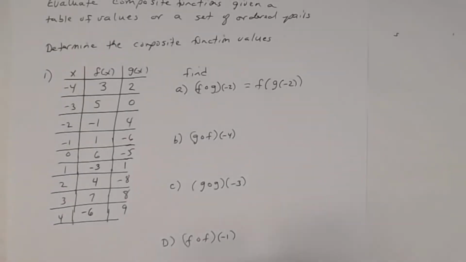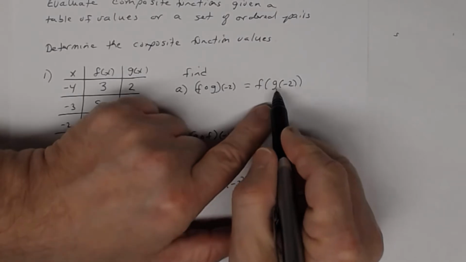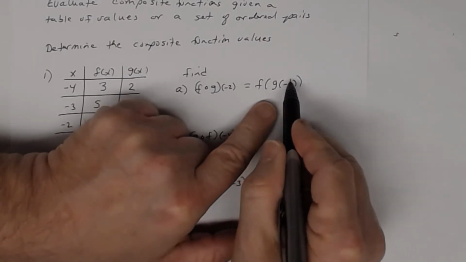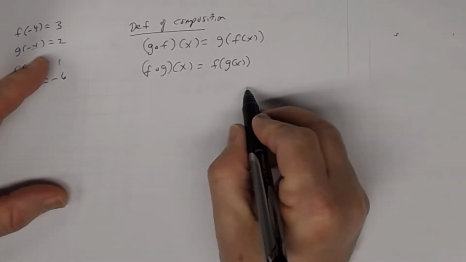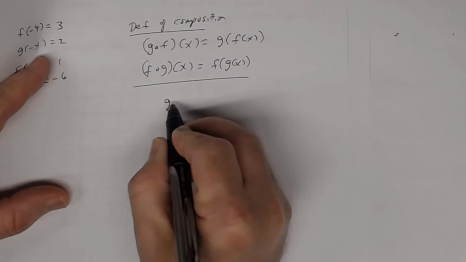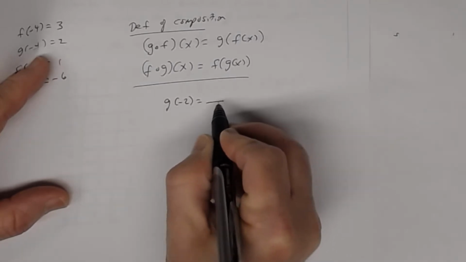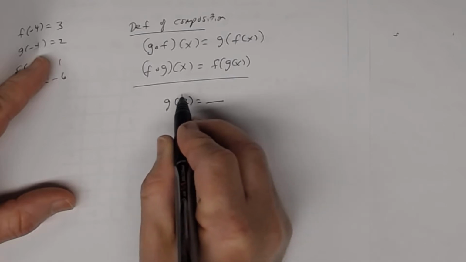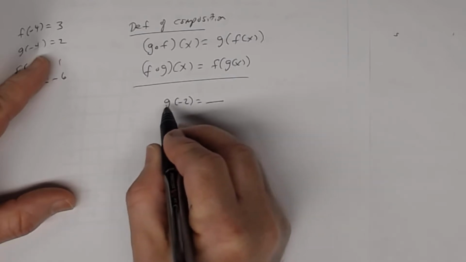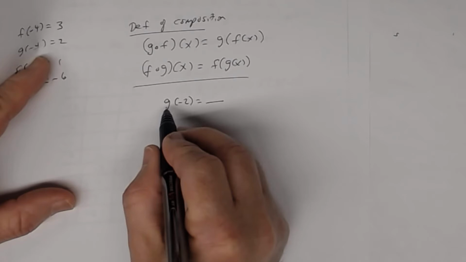Using the definition we just discussed, the first thing you're going to do is find that inside value, g of -2. Go off to the side and figure out what g of -2 equals. The question is, when x is -2, what's my y value? But you have to be looking at the function g.